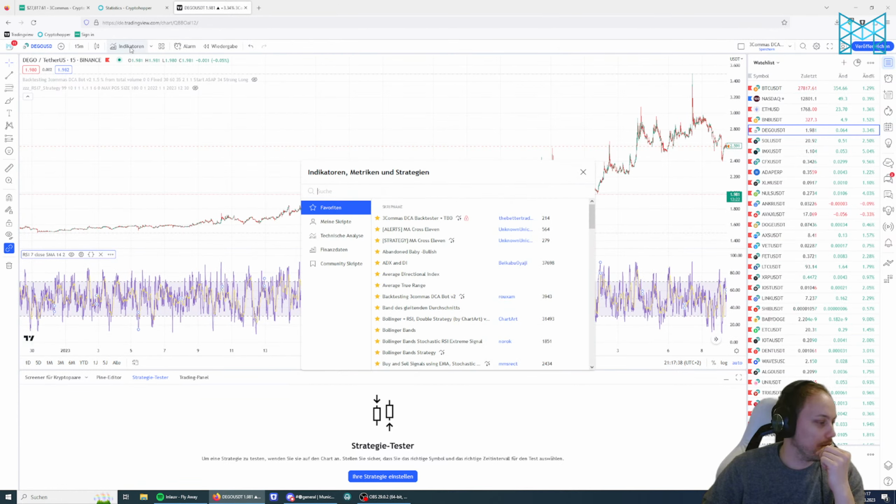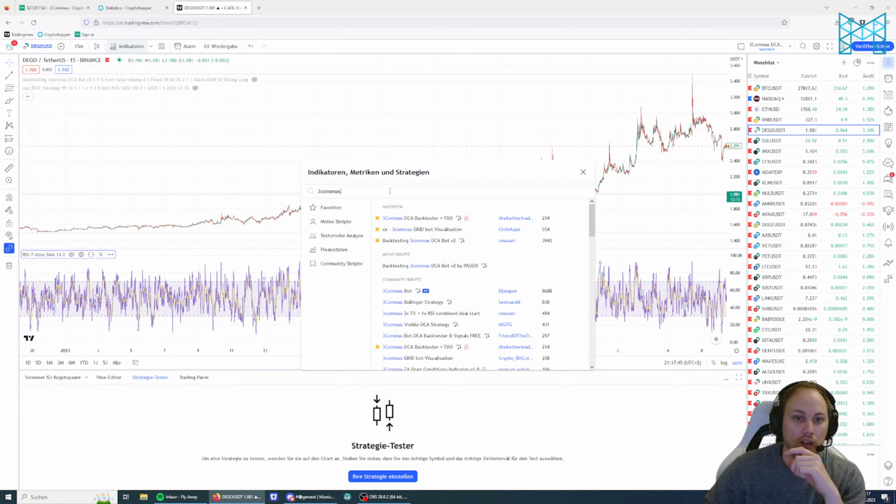And therefore we have, if we type in, for example, 3Commas, there are people who created 3Commas strategies, which means you can type in your different kinds of settings for 3Commas and you can see how the performance was in the last, I don't know, 3 months for backtesting.